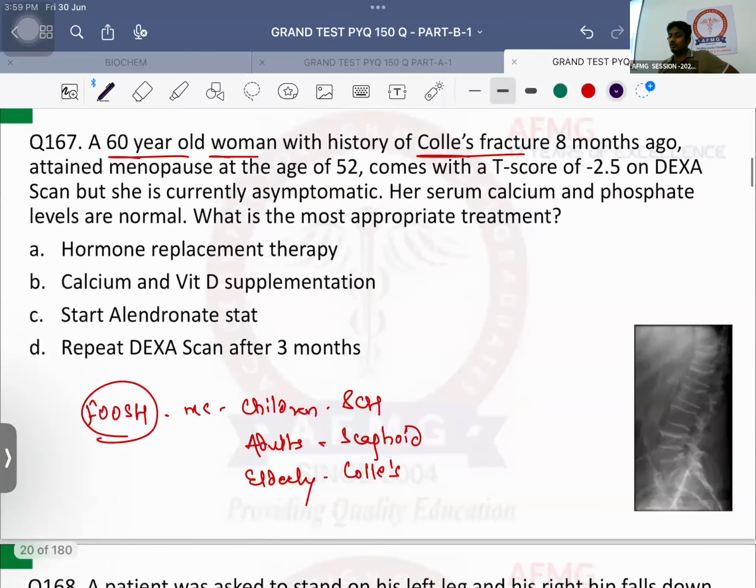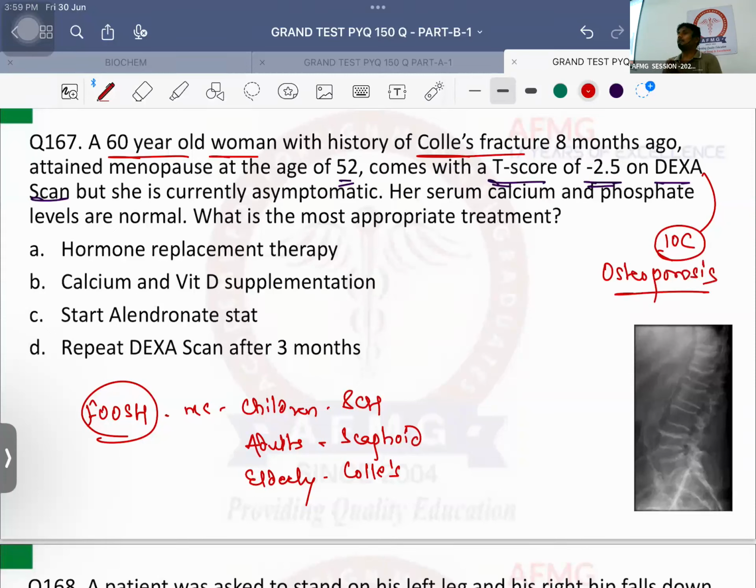Okay? So they have mentioned Colles fracture 8 months ago, and she attained menopause at the age of 52. That means she's post-menopausal only. Comes with a T-score of -2.5 on a DEXA scan. What is DEXA? Dual energy X-ray absorptiometry scan, which is the investigation of choice for osteoporosis.